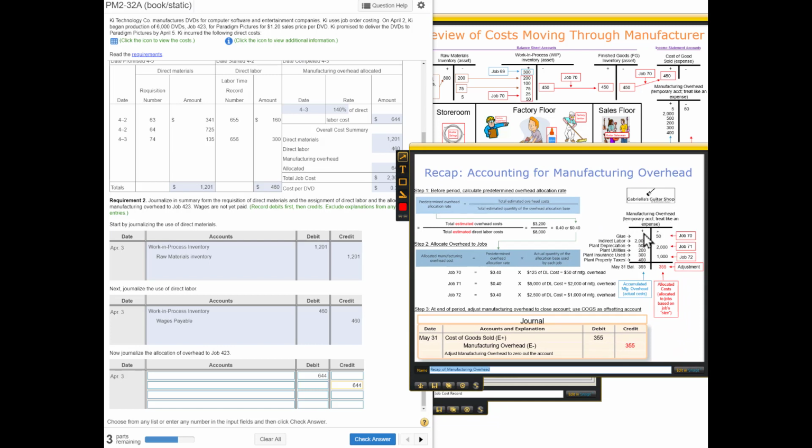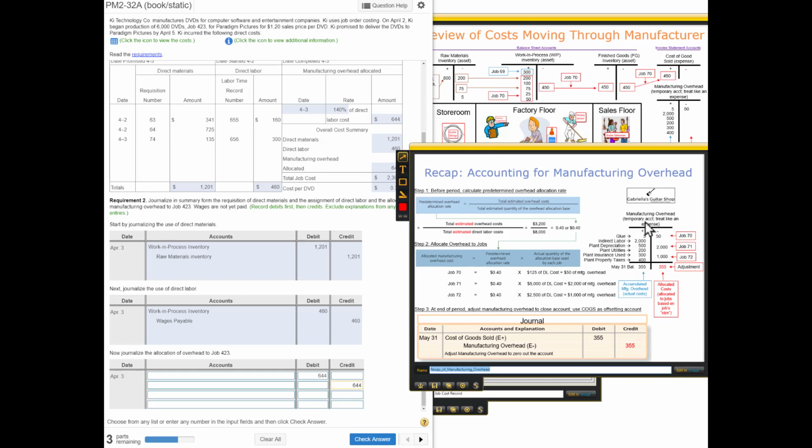So when we had the actual indirect labor, actual manufacturing overhead costs, we increased the account over here and we pooled them together, and then when jobs are completed we remove some of that and assign it to the job. So when we remove this 644 from manufacturing overhead, we decrease that account and then we increase the work in process account.